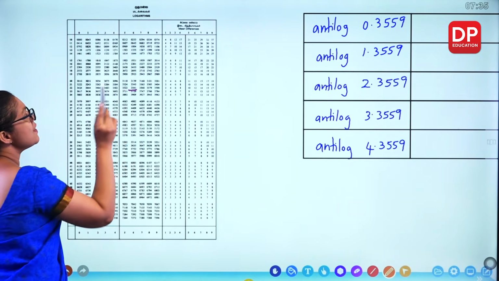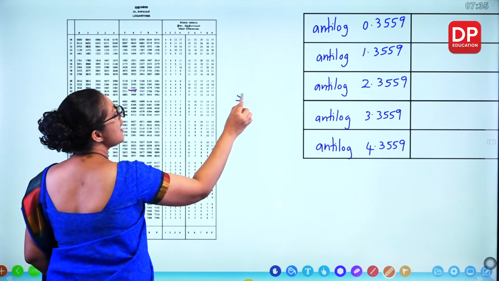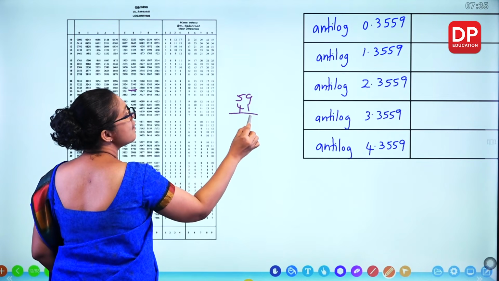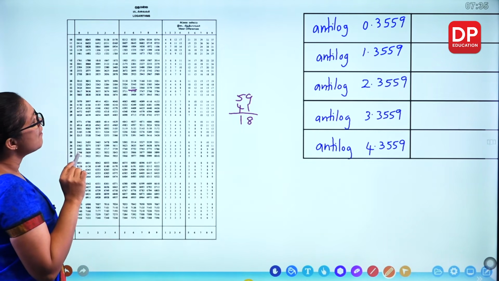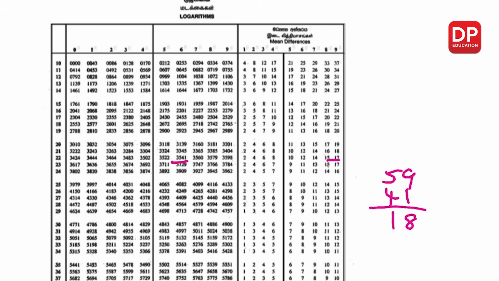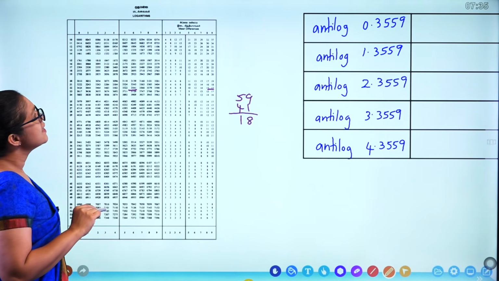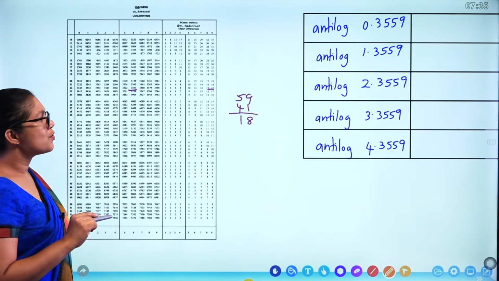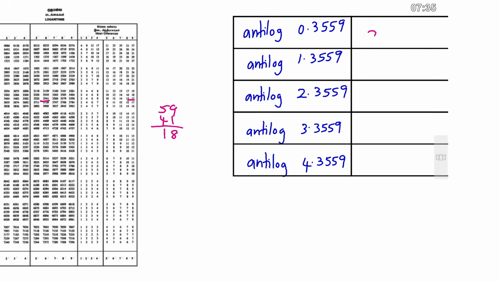But we'll see whether we can find exactly 59. So 59 minus 41, we need another 18. Where can we get 18? Here only 17 we can find. So that's 22, 6, 9. 2269. So we can write that's the anti-log value, 2269.